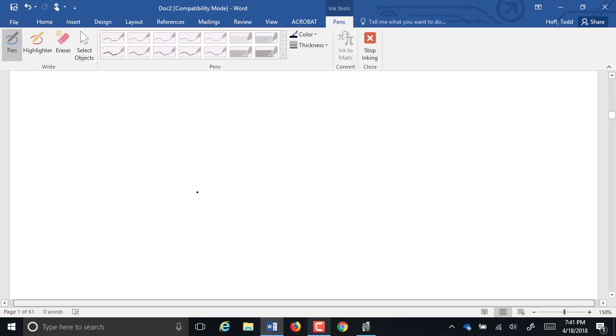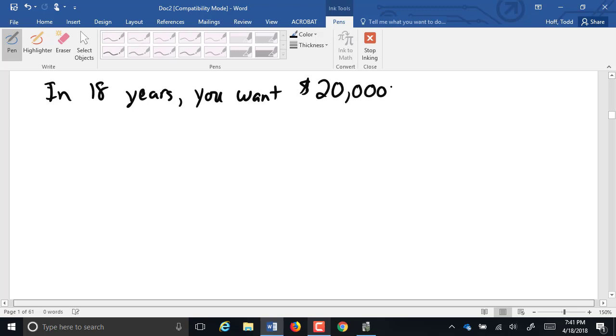So let's look at another example here. Let's say you are planning, you have a child that is born. So in 18 years, you want $20,000 for your child's college tuition.